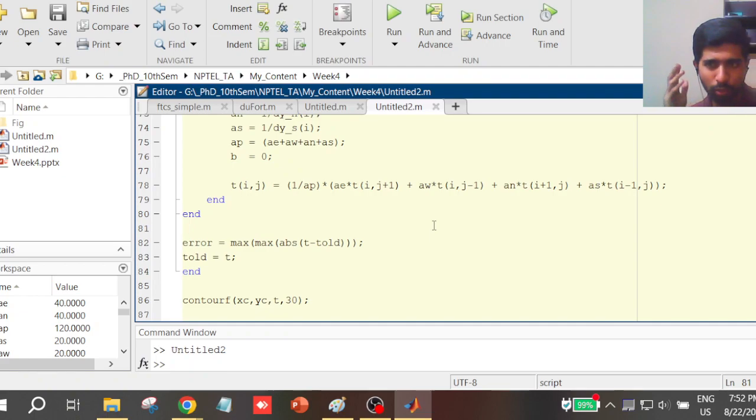If you want to ask me about convection, no, it doesn't lead to unphysical results given the Peclet number is less than 2. In convection, you can still use central difference if the convective force is less. If the Peclet number goes below 2, it will not give unphysical results. I have used central difference there also. Actually, it is more stable.